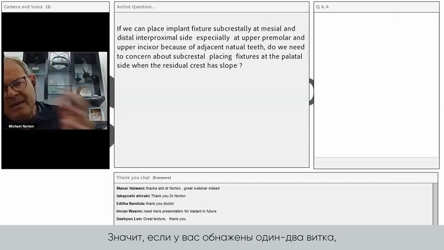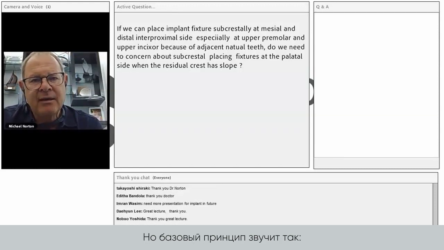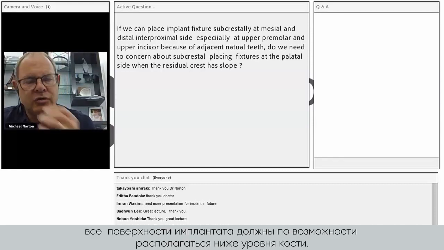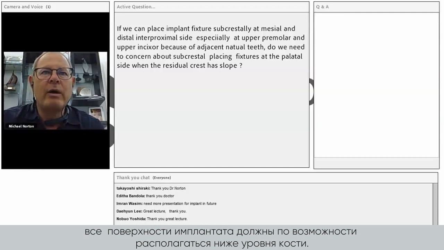So it may be, if you've got one or two microthreads exposed palatally, that you don't want to start raising a palatal flap to do bone grafting. But as a basic principle, my answer is you should have all aspects of the implant subcrestal wherever possible.